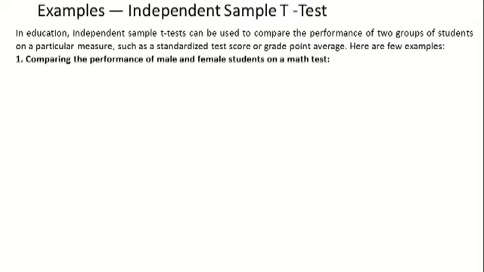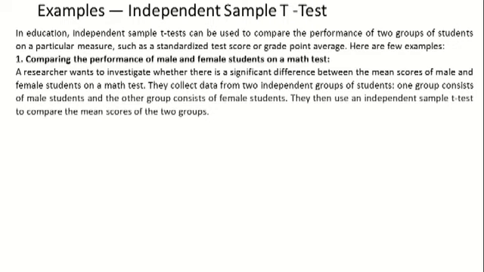One, when we are comparing the performance of male and female students on a math test. So what does this one entail? A researcher will want to investigate whether there is a significant difference between the mean score of male and female students on a math test. They will go out to collect the data from the independent groups of students.